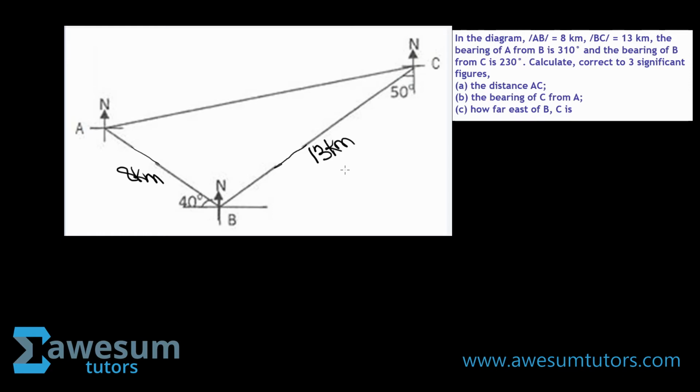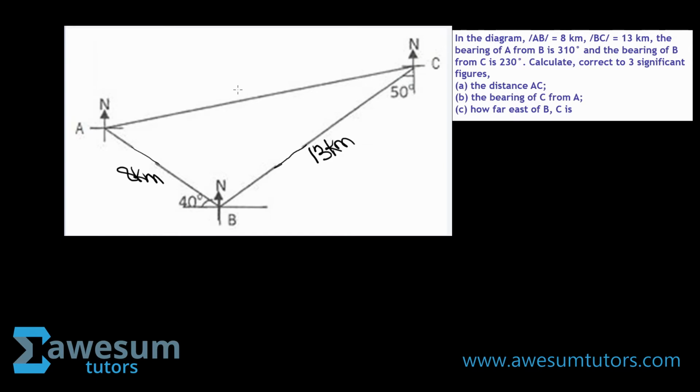Okay, this is a bearing question, so we first need to see if we can get out some of those angles that would help us calculate distance AC. So for me, this is what I like to do. This is angle B right here.